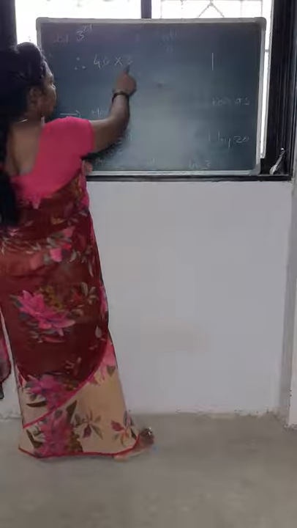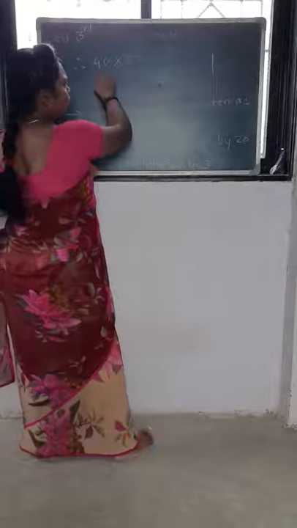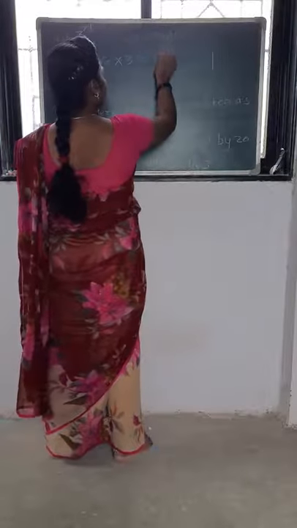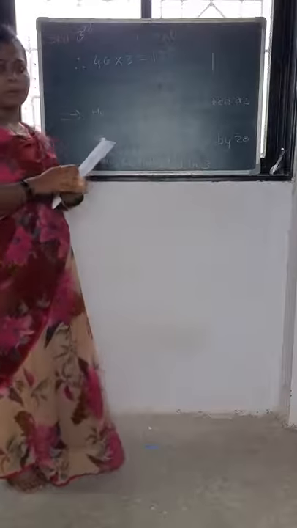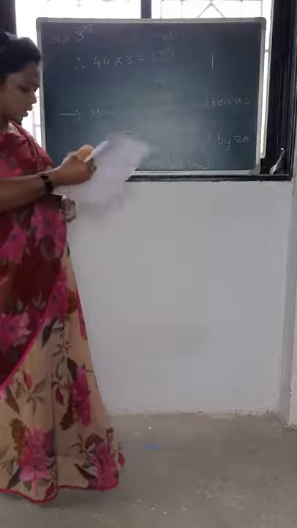Then 3 4s are 12, 12 plus 1 is 13. So 46 multiplied by 3 is 138.